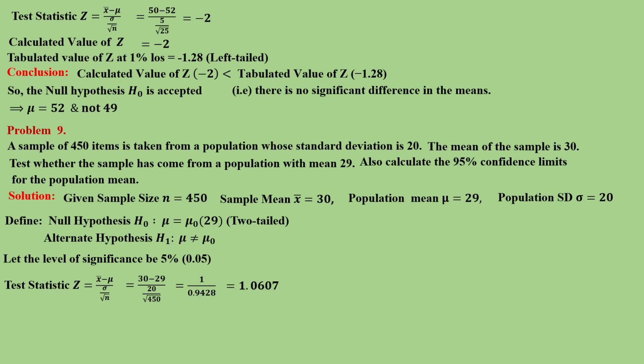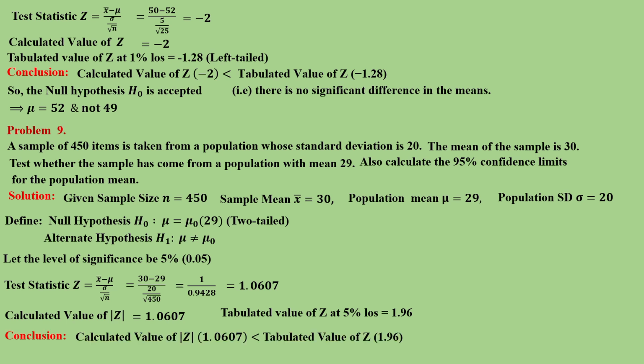So you will get 1.0607. So calculated z is equal to 1.0607 and tabulated value of z at 5% level is 1.96. Conclusion: calculated value is less than the tabulated value, therefore H0 is accepted. So there is no significant difference. Mu is equal to 29 only, right?